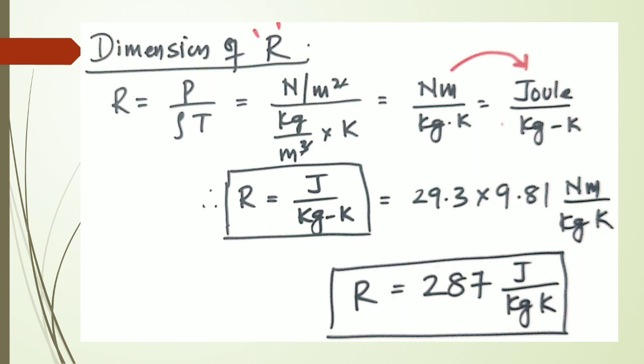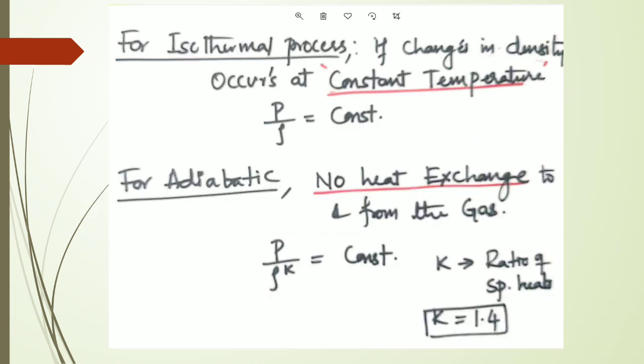So I am just discussing what units will come and what the relation of R is here. There are two processes here: one is the isothermal process, one is the adiabatic process. In fluid mechanics also we are going to learn two processes. Isothermal means temperature remains constant, therefore P by rho is equal to constant.